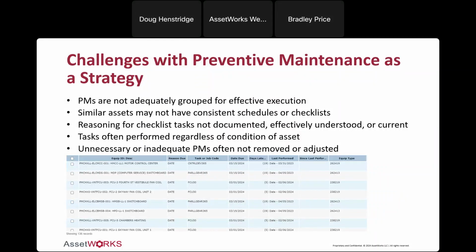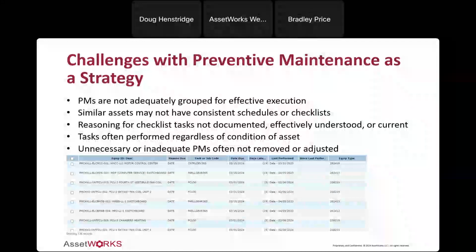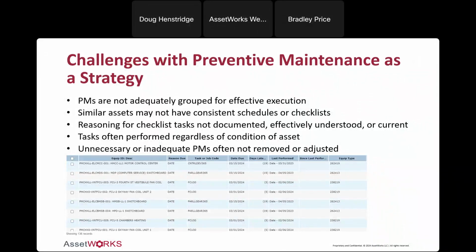Another one may have come up with a new checklist that doesn't jive, so you may not be checking the same things, right? There's a lack of standardization there, which makes training and cross-training and following procedures a little more difficult. Okay. The reasoning for checklists and checklist tasks may not be well documented or effectively understood or even current.